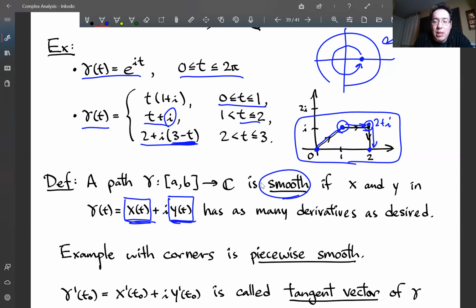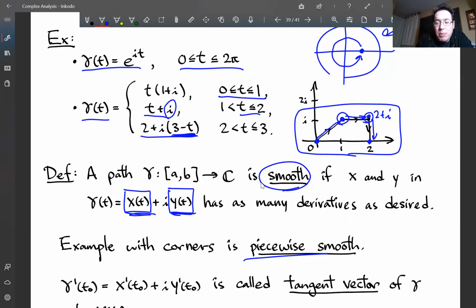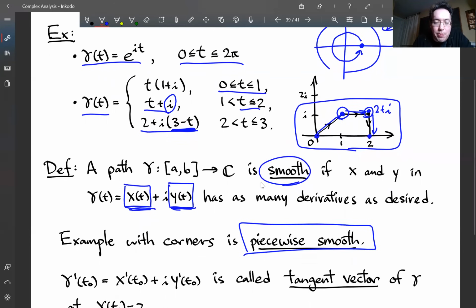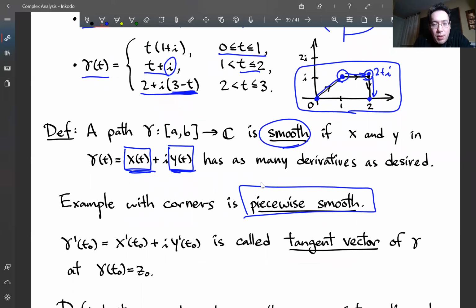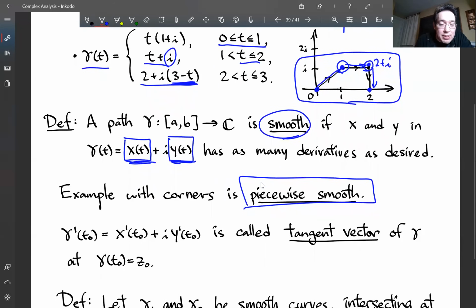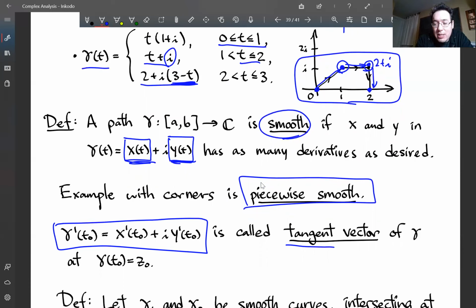So when you have a situation like that, we'll say it's piecewise smooth. We have maybe finitely many points where it's not differentiable, but everywhere else in between, the derivative exists. So we call that piecewise smooth. And when the derivative exists, we call that derivative the tangent vector of the path gamma at z naught, if it's at that location.